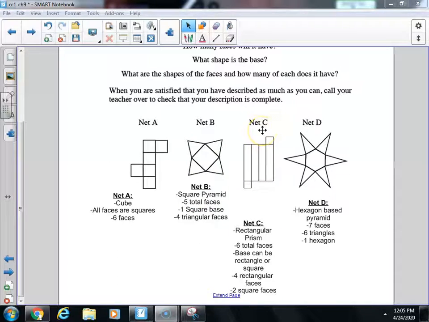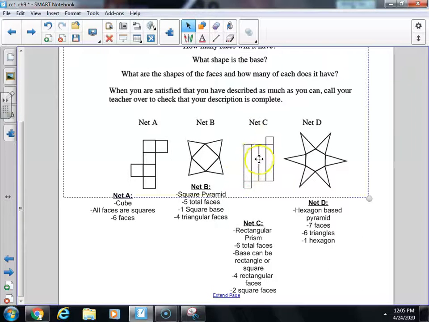Net C is a rectangular prism. Because it doesn't come to a point, all sides are either squares or rectangles. There are 6 total faces, 1, 2, 3, 4, 5, and 6. The base could either be this square or a rectangle, depending upon how you orient it. There are 4 rectangle faces and 2 square faces.